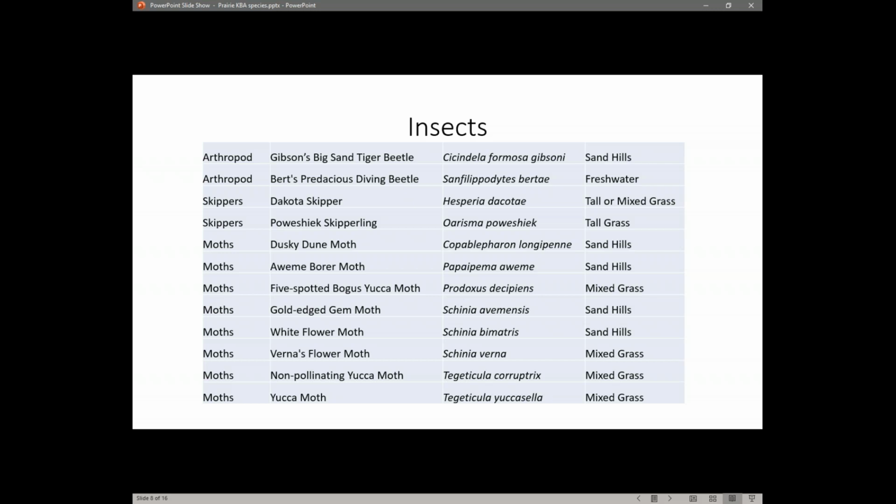These are a number of the insects first that have triggered KBA sites in the prairie provinces. You'll notice they're mostly grassland sites. We have many tall grass or mixed grass and tall grass species, as well as sandhill species. And I know there were a number of comments, particularly speaking as a Manitoban, that in Manitoba our areas are extremely fragmented, and so they may not reach that 100 square kilometer hexagon size.